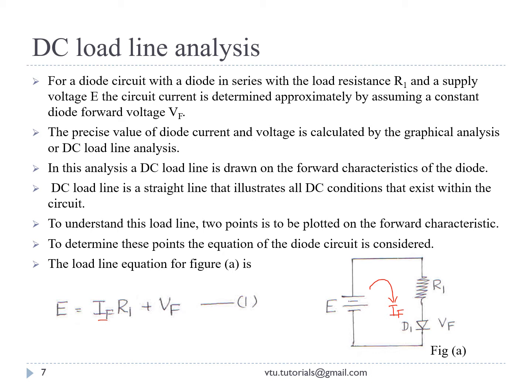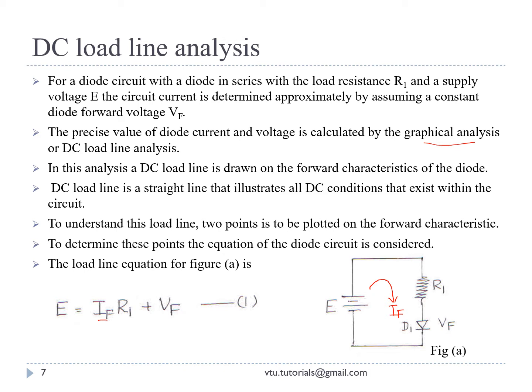So when we use this equation, approximately the values of If and Vf can be determined. To find the precise value of the current in the circuit, we go with a graphical analysis called the DC load line analysis.